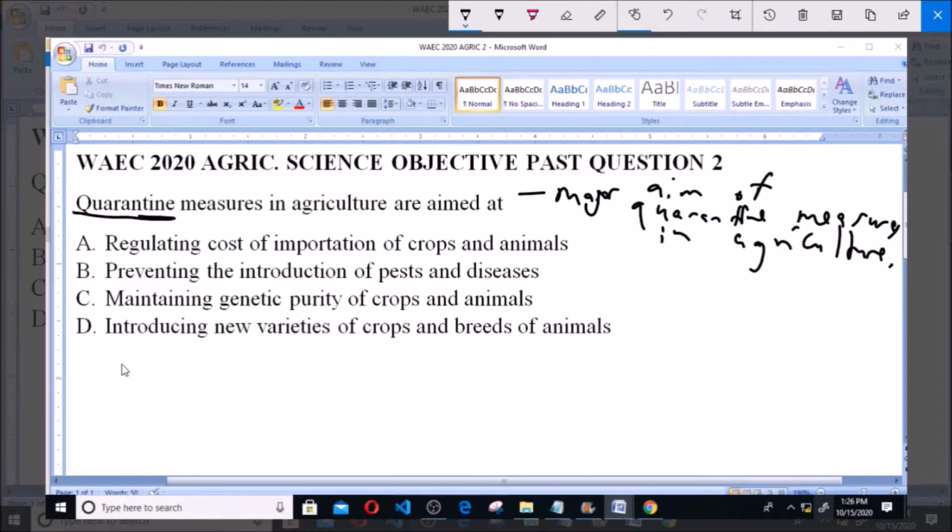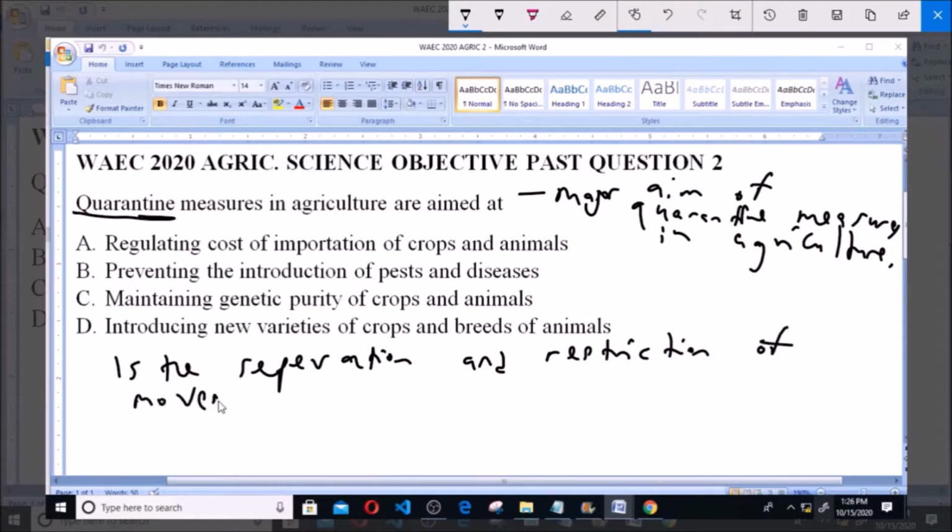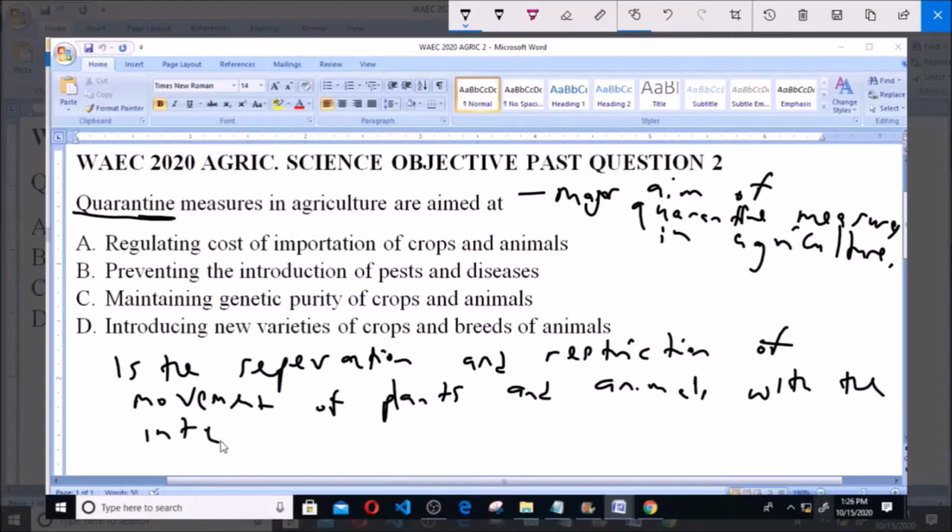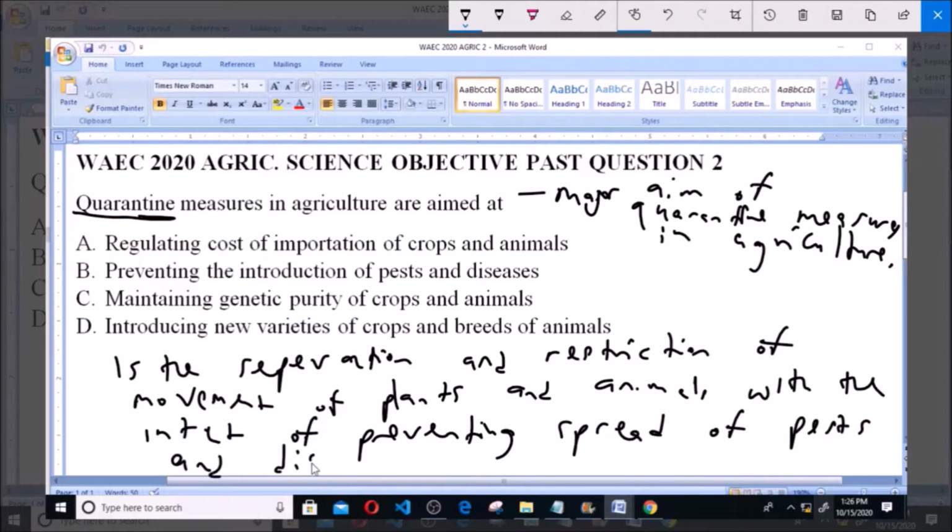Now, quarantine as it relates to agriculture is the separation and restriction of movement of plants and animals, with the intent of preventing the spread of pests and diseases. So that is what quarantine is all about.